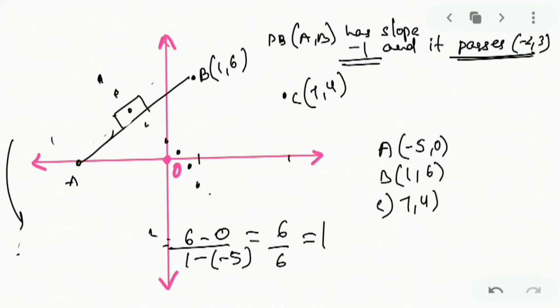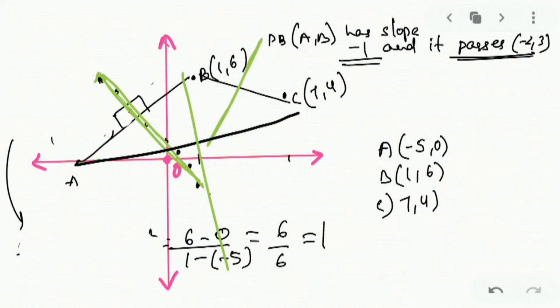Similarly, we have to find the perpendicular bisector between BC as well as AC. Now you can see the green lines, these are the perpendicular bisectors of AB, BC and AC. And you can notice if I stretch them, they are going to intersect at one point. That point will be called the intersection point.